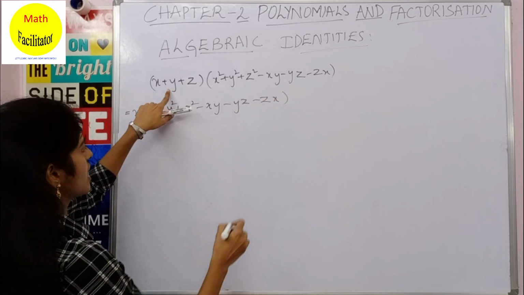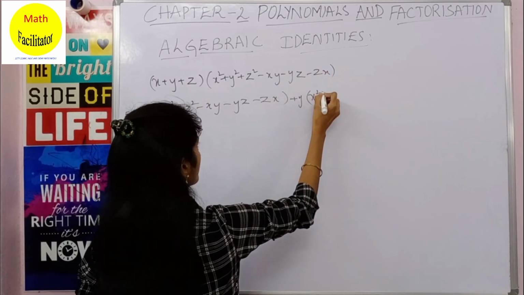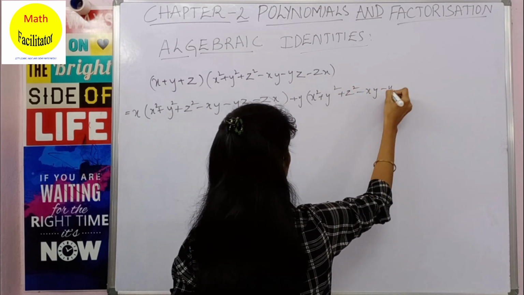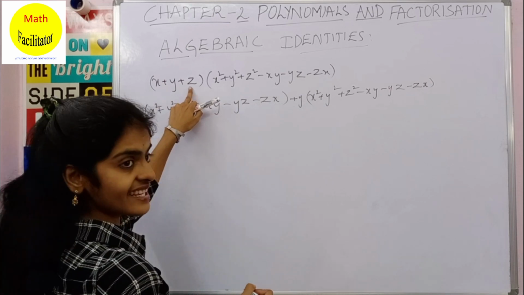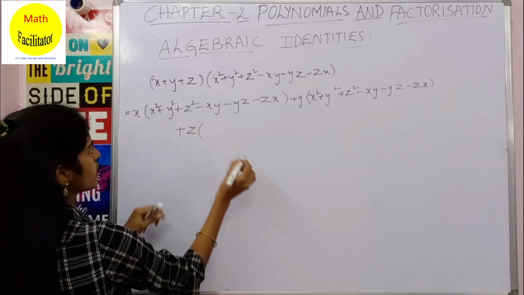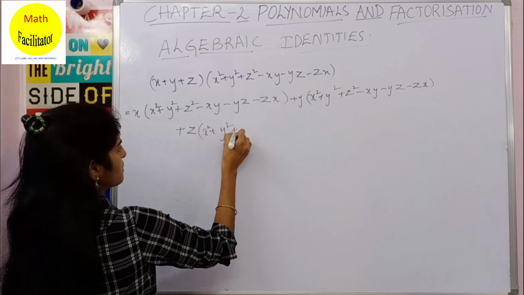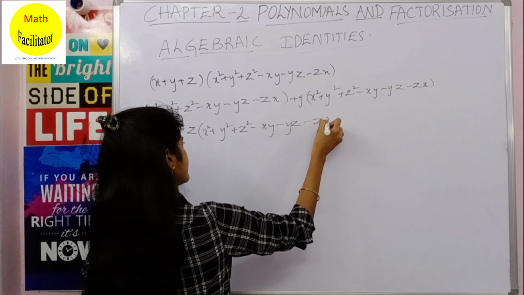Then you have y, so plus y into again this entire term, x square plus y square plus z square minus xy minus yz minus zx. And then you have z, so plus z into again the entire term, x square plus y square plus z square minus xy minus yz minus zx.